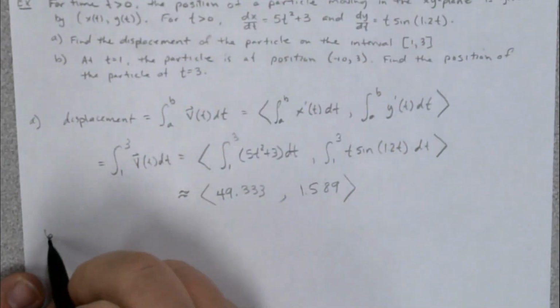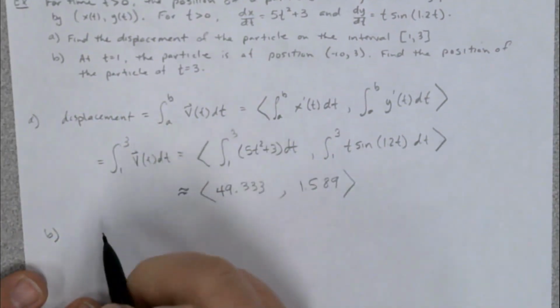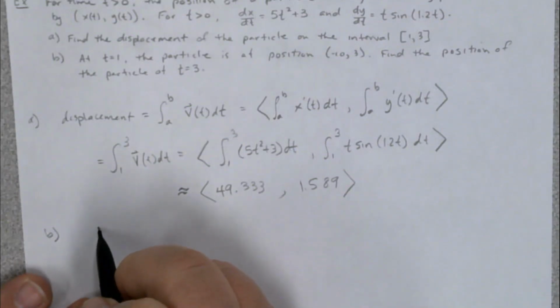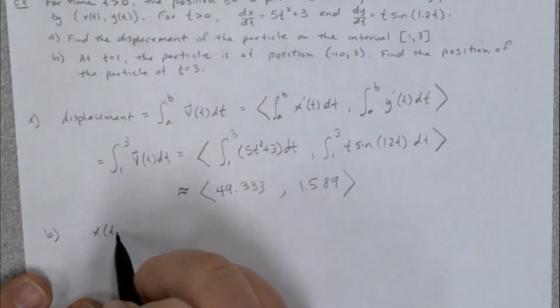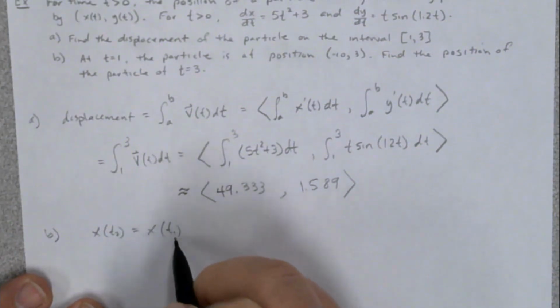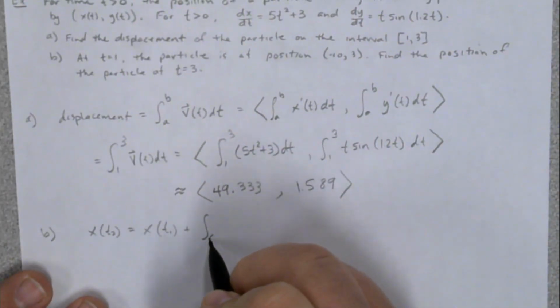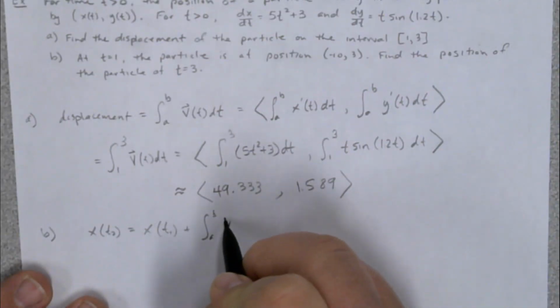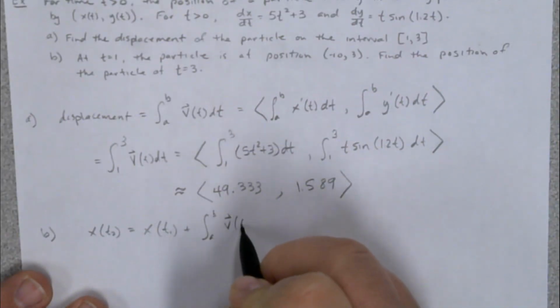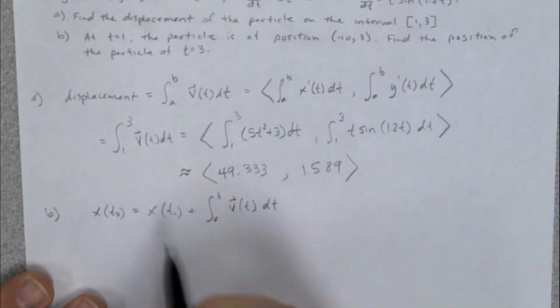So in part B, they asked us to find a new position. So a position function, x of the second time is the position at the first time plus the displacement from a to b of v of t dt. Okay, so what do I know?